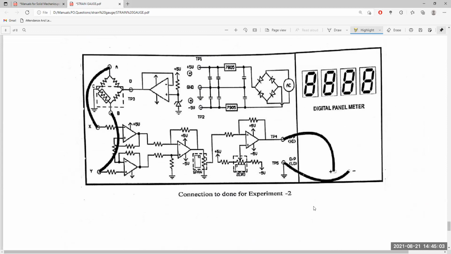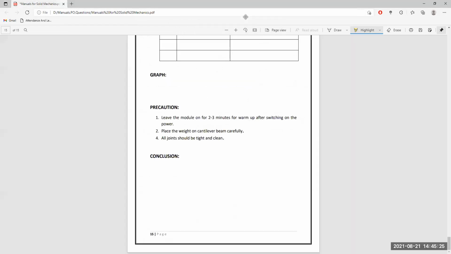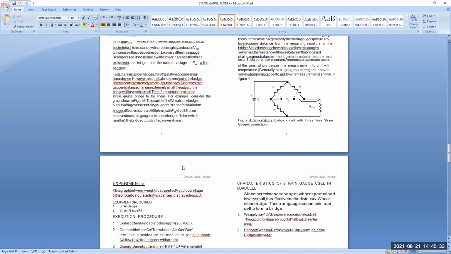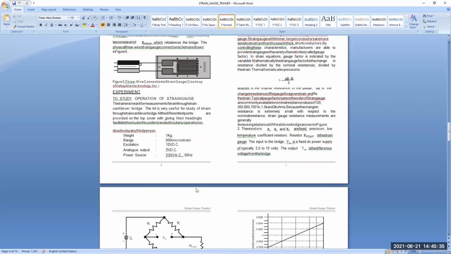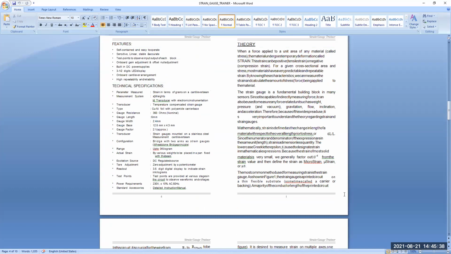For experiment 2, this is the connection itself from the positive of the voltmeter. Just go through the same thing more or less, but it is given in the Word file.